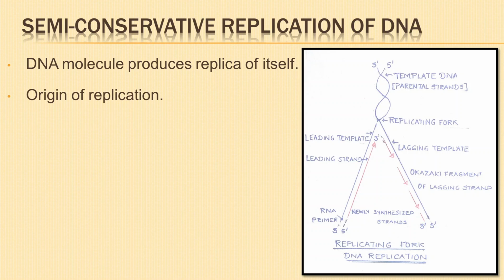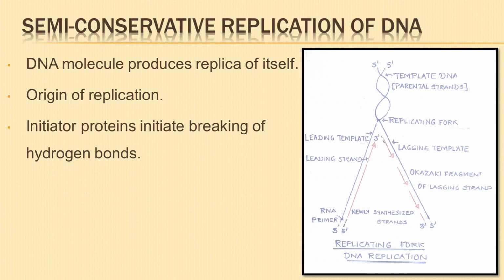There is a definite region in E. coli DNA where the replication originates. Such regions are known as origin of replication. In eukaryotes, DNA replication occurs on multiple origins of replication along the DNA template strand. It takes place at S phase of the cell cycle.